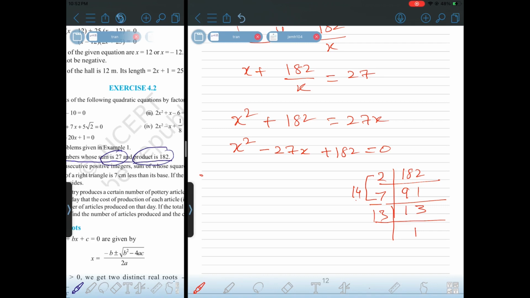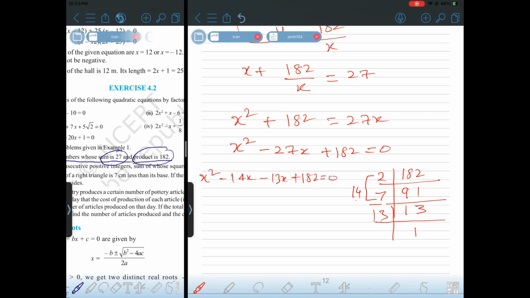So we can say x square minus 14x minus 13x plus 182 is equal to 0, right?